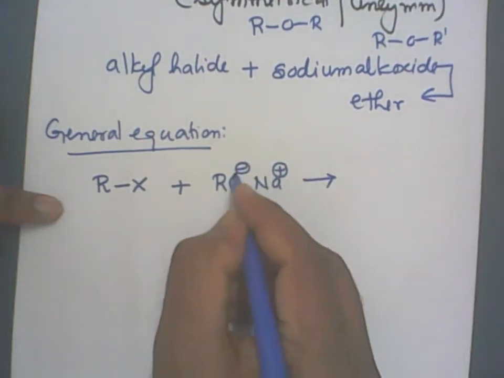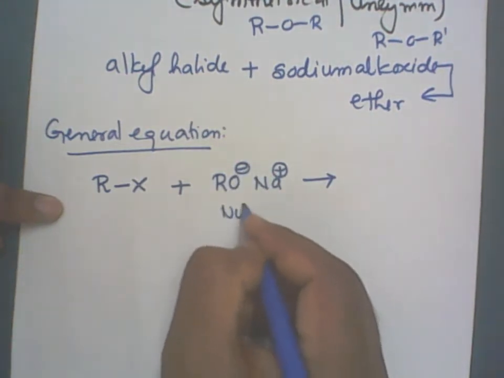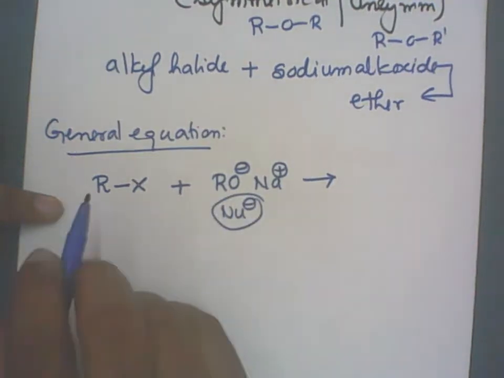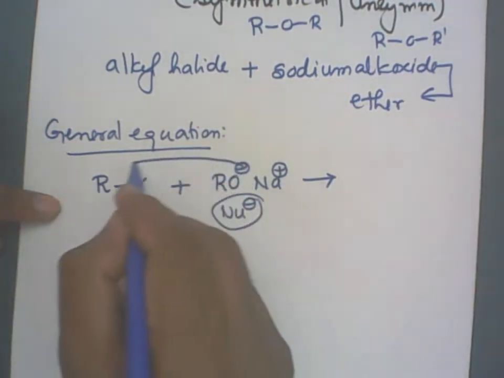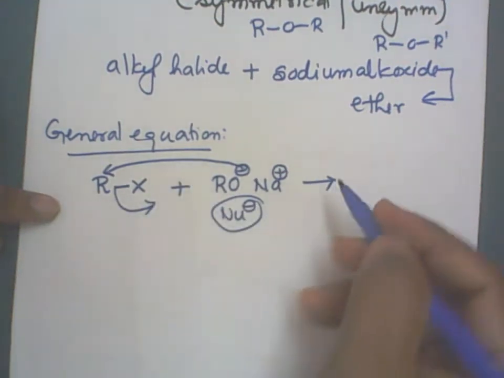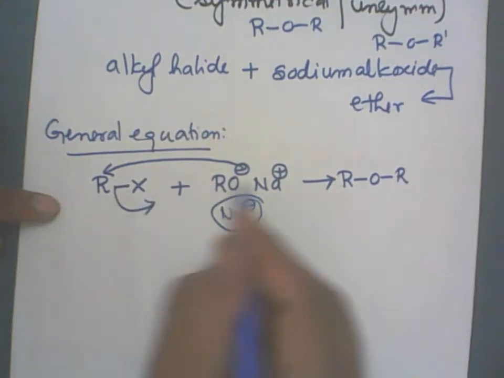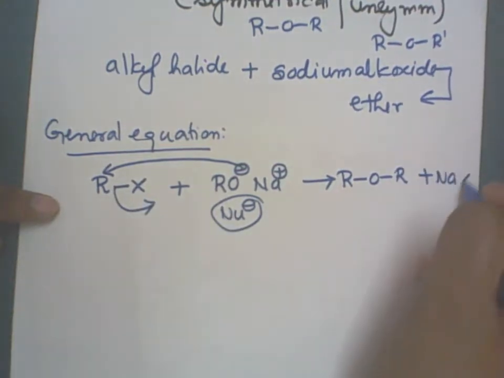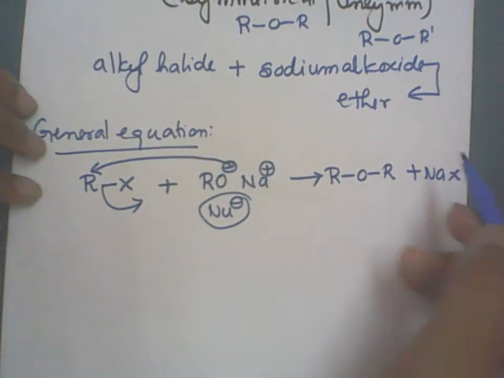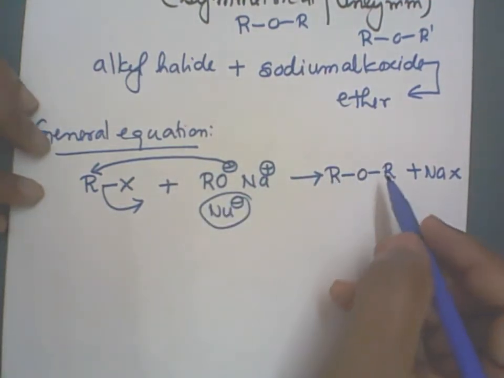Now remember this alkoxide acts as a nucleophile. Nucleophiles are negatively charged. The nucleophile attacks the carbon atom containing the halogen, and the halogen goes out. So we write the product as ROR, and the side product is NaX, sodium halide. Now these can be symmetrical ethers or unsymmetrical ethers.